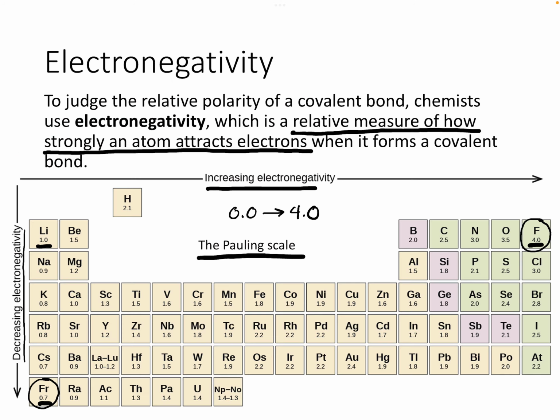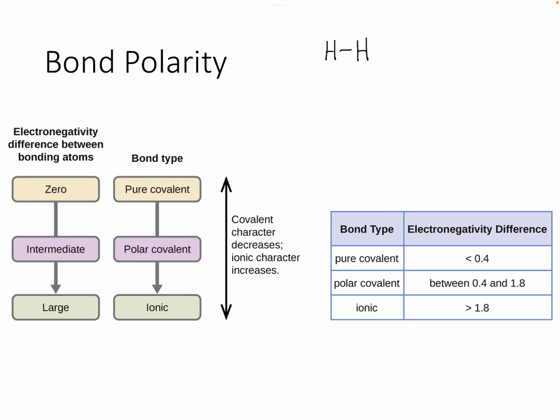So let's go back to our table, and we can see that hydrogen has an electronegativity value of 2.1. All right, so we're going to subtract 2.1 from 2.1, which gives us 0. So that is our electronegativity difference.